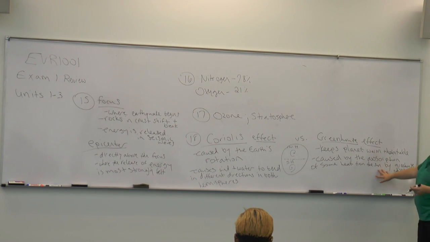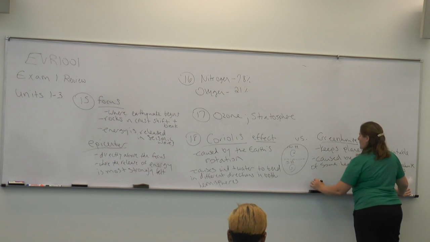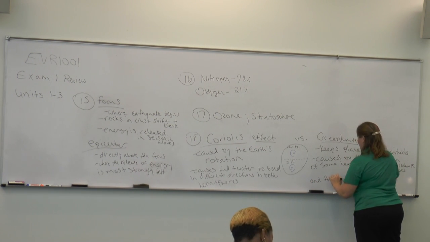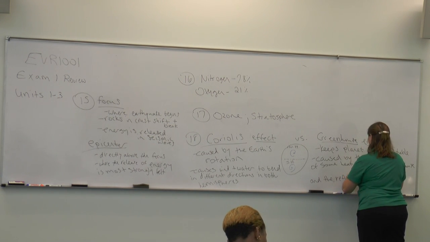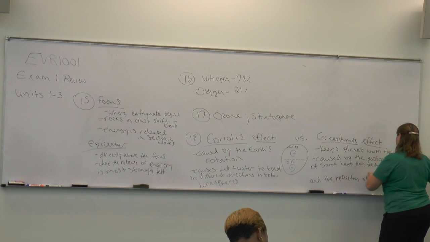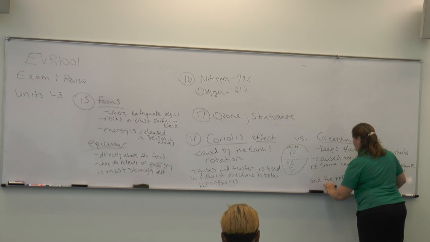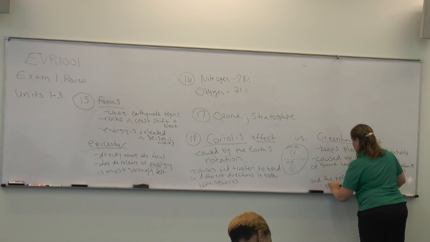So it's caused by the absorption of some heat from the sun by greenhouse gases and the reflection of some heat back out to space.